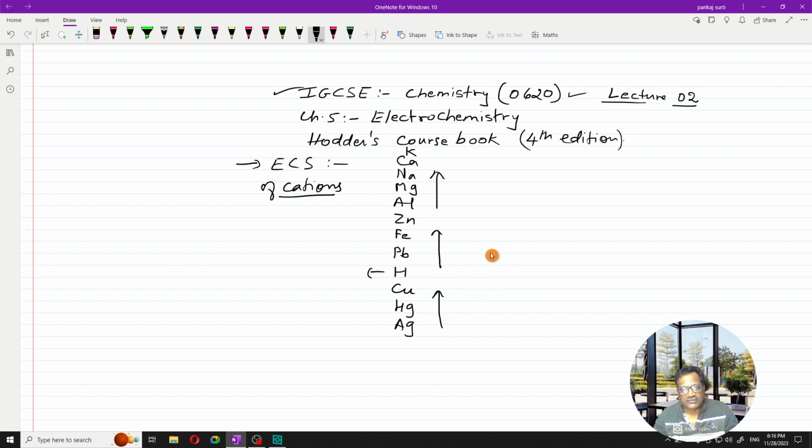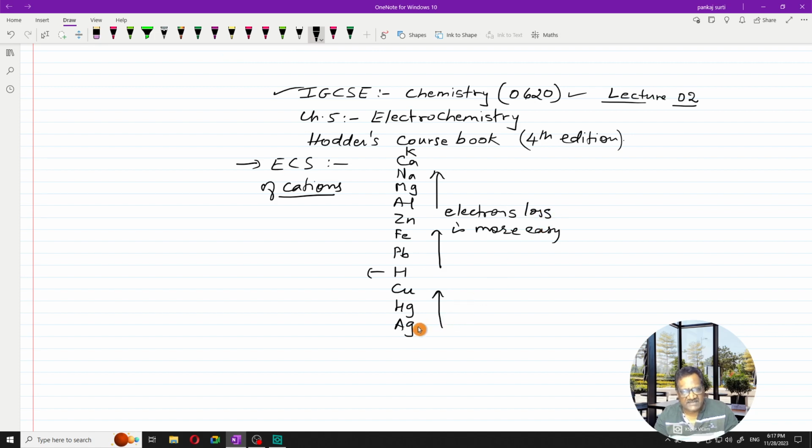So from bottom to top, the electron loss is more easy. I should write not lost, it should be electron loss.